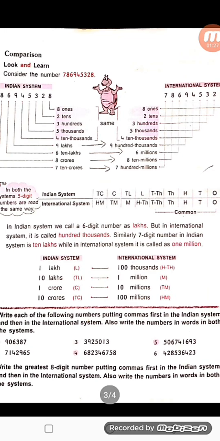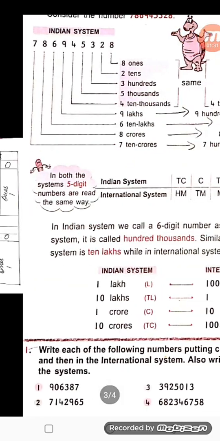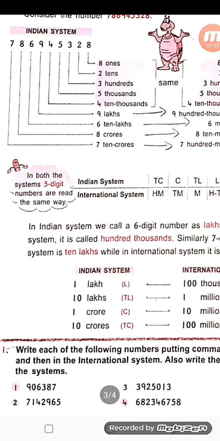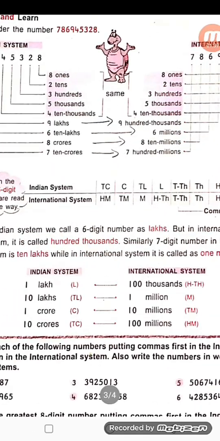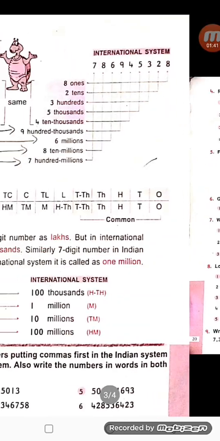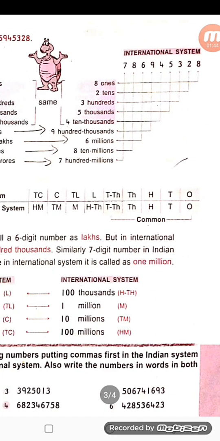As we come down here, a cloud is given in which it is written that in both the systems, 5-digit numbers are read the same way. See this table. Ones will remain same, tens same, 100 same, 1000 same, 10,000 same.